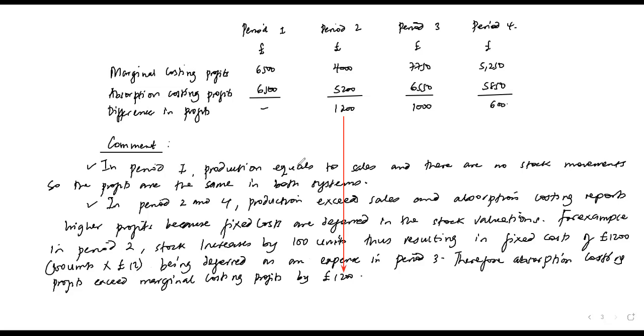What happened in period 3? You see, in period 3 now, marginal costing reports a higher profit. Let us talk about period 3 briefly.